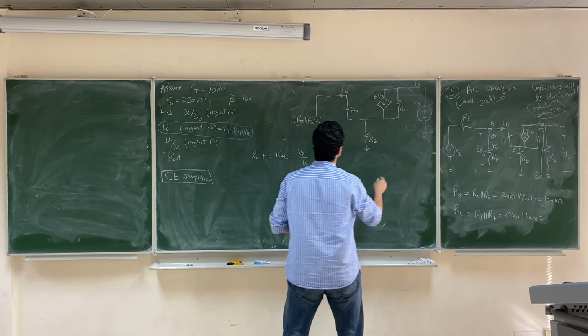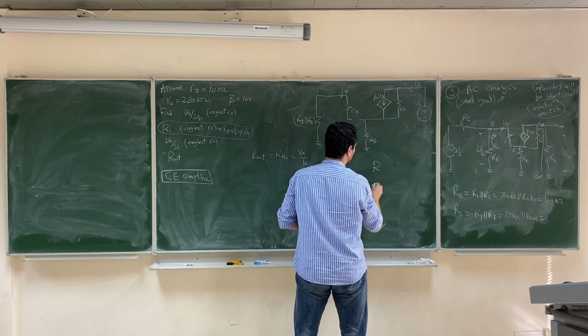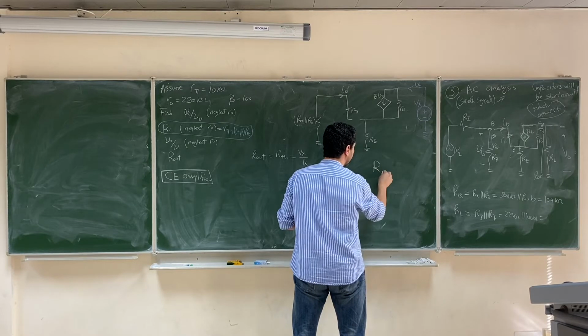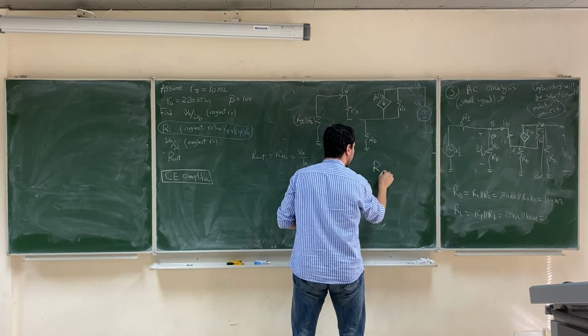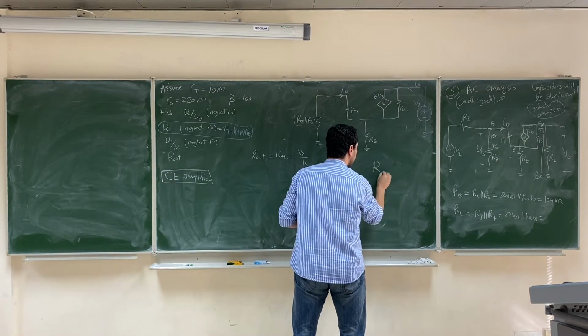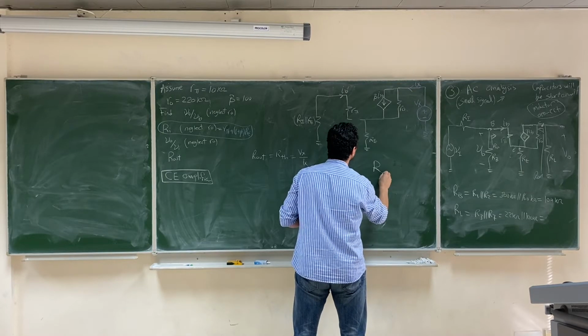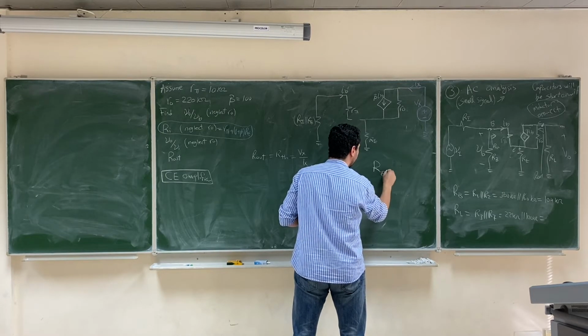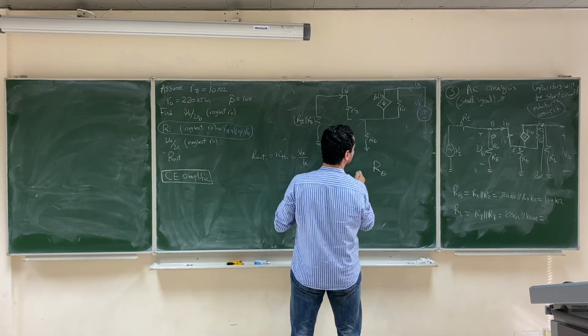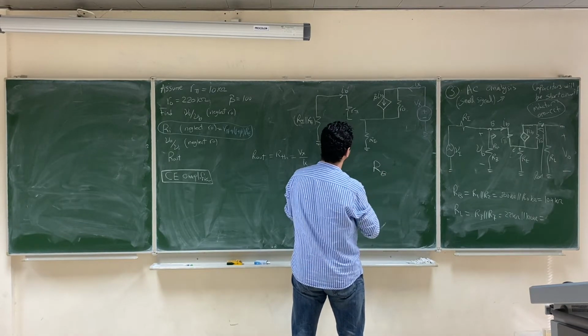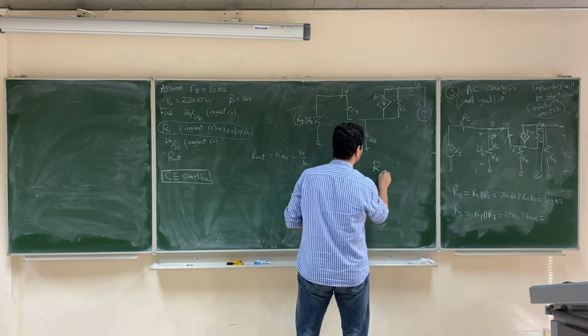Let's call them R. Let's say RB dash. We had already RB before, right? So let's call them RG.